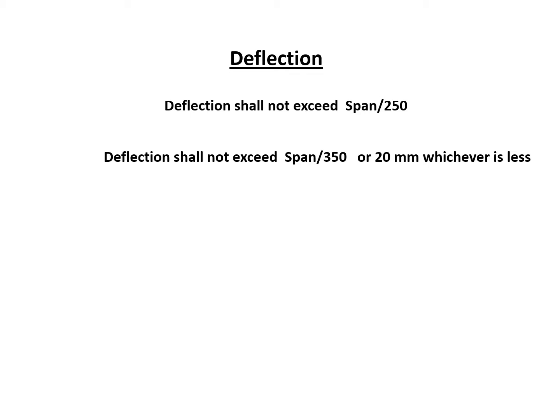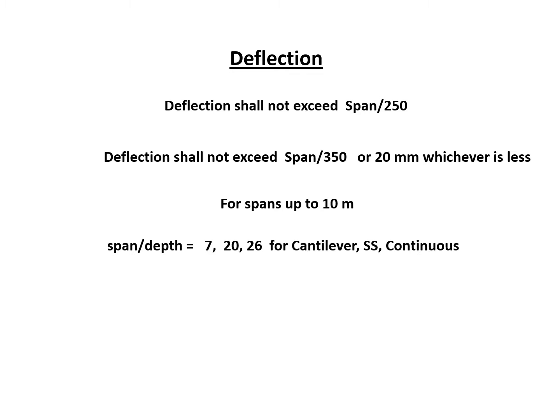Architectural fixtures and all, if you want to keep them safe, deflection shall not exceed span by 350 or 20 mm, whichever is less. But again, to calculate deflection, there will be a lot of work. So instead of that, what the code has suggested is this, for spans up to 10 meter.